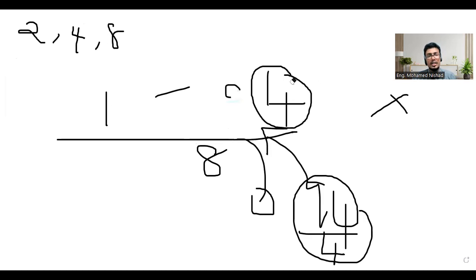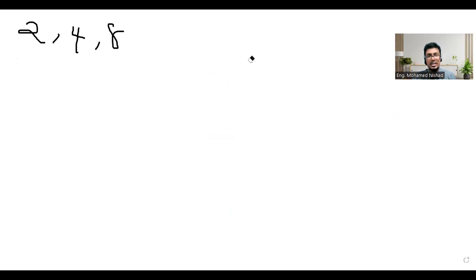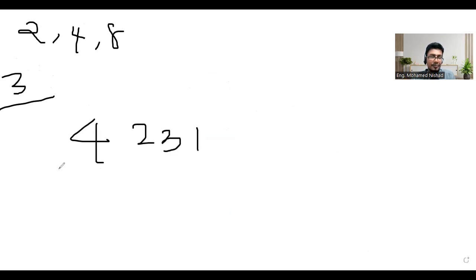So we saw 2, 4, 8. Now we are going to see whether a particular number is divisible by 3 or not. If we have 4, 3, 4, 2, 3, 1, how can you check whether it is divisible by 3? It's very simple.